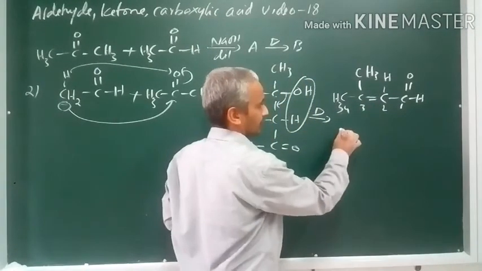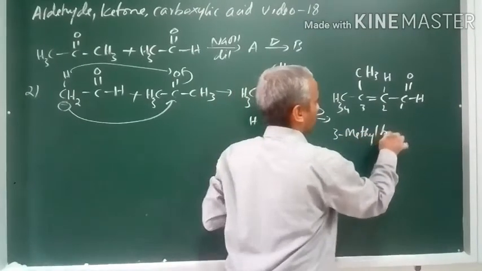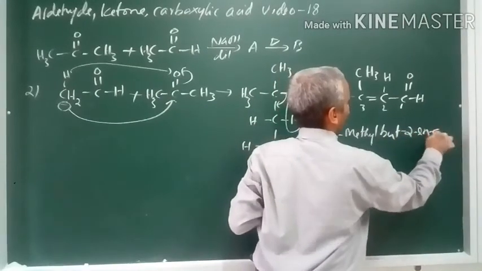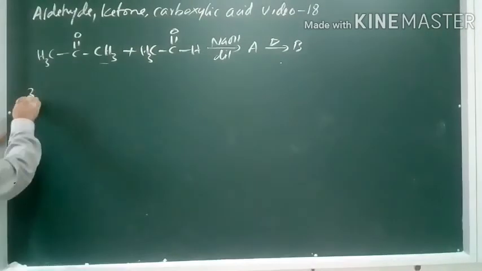So 3-methylbut-2-en-al. This is the second product.